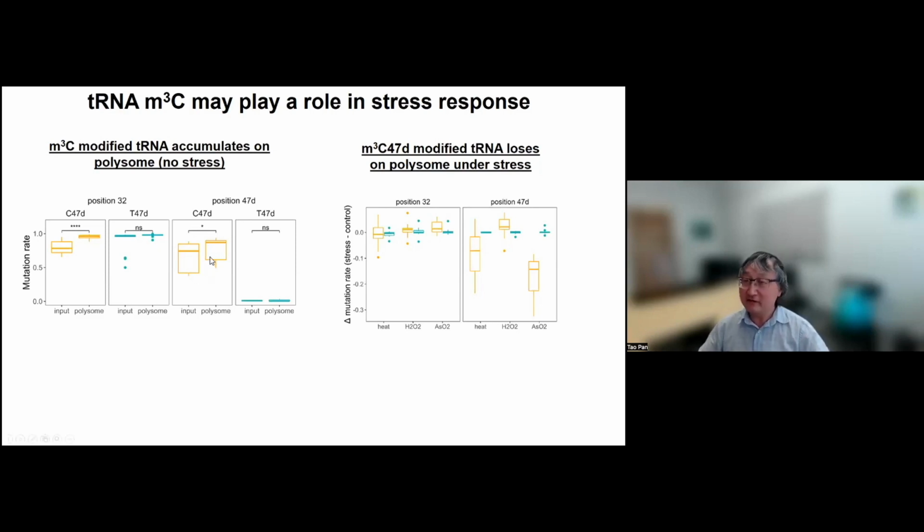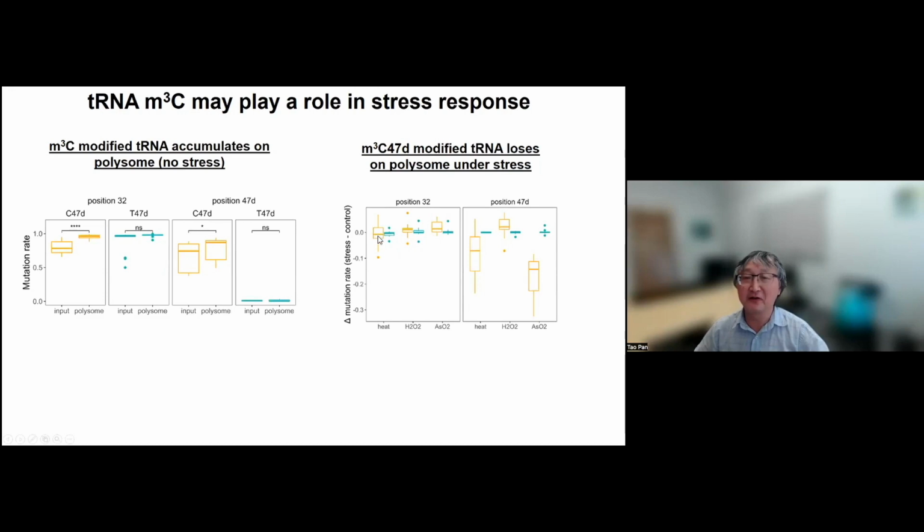M3C47D itself, this is the interface modification, right? There's a statistically significant increase, but it's not as spectacular as the polysome one, which literally reaches almost 100%. Then if we do the stress conditions, on the polysome the M3C32 are already fully modified.